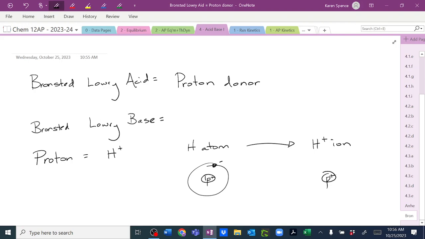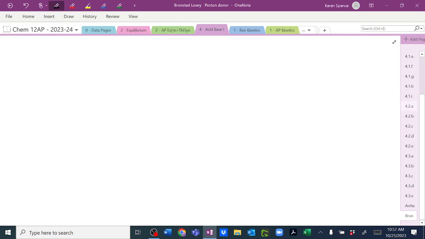What is a Bronsted-Lowry base? It's a proton acceptor. So let's go back and look at, where did it go? We were on 4.1 what? 4.2a.